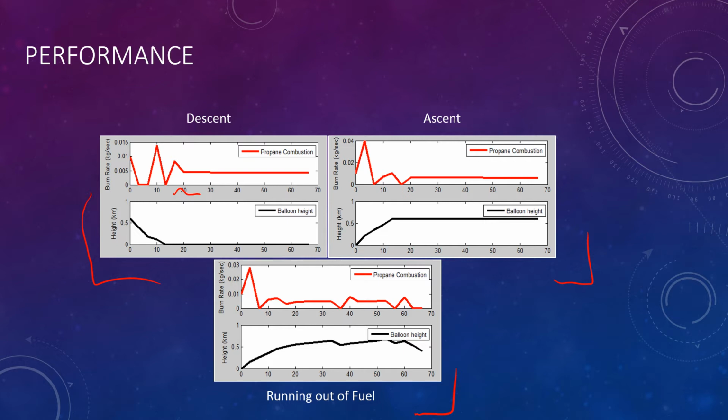And without fuel to control the height and the speed, the balloon will crash. So we were happy to see that the BRO could accurately and realistically predict the behavior of a hot air balloon, and we expect that we can use these results in further research.